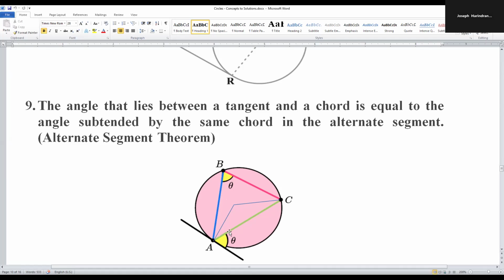And therefore, we can say that this angle OAC is 90 degrees minus theta, because we know that OA is perpendicular to this tangent. So this OA makes 90 degrees with this tangent. So the remaining angle OAC will be 90 degrees minus theta. And similarly, OCA is also 90 degrees minus theta.